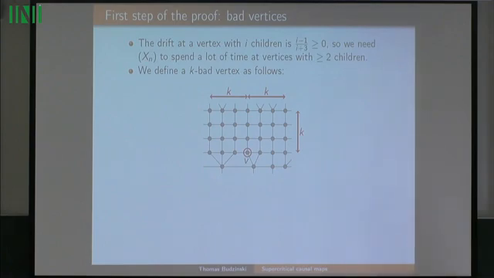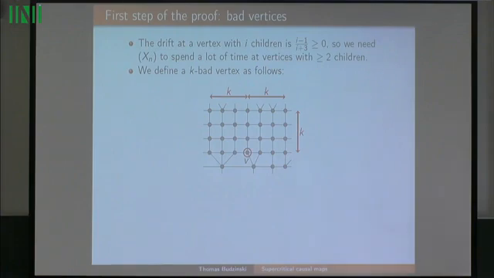And moreover, if my vertex has at least two children, then this local drift is positive. In particular, if I assume that mu of 0 is 0 and mu of 1 is 0, then the result is very easy, because I have a positive local drift at every vertex, so the height will dominate a random walk with positive drift on Z.